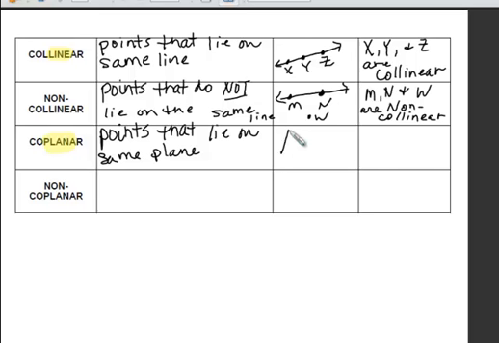So if I were to draw my funny looking plane here, parallelogram-ish thing, and I have a Q, I have an R, and I have an S. Okay, all of these points are on the same plane, so I could say Q, R, and S are coplanar.